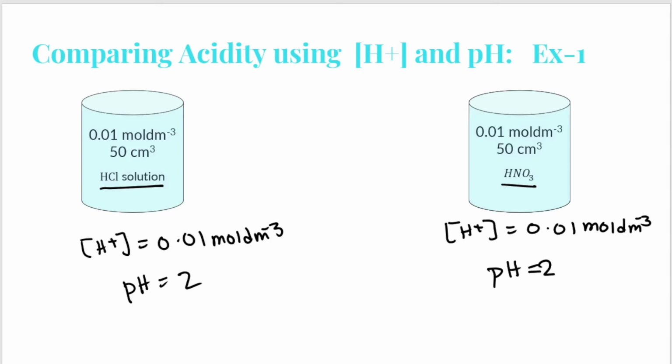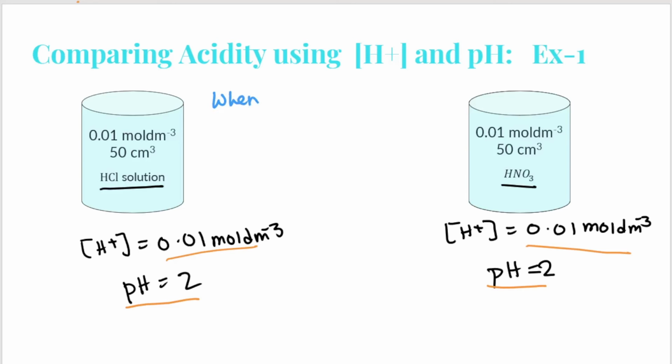Now, what does this tell us? What do we understand when we know that both of them have equal pH values and equal hydrogen ion concentrations?